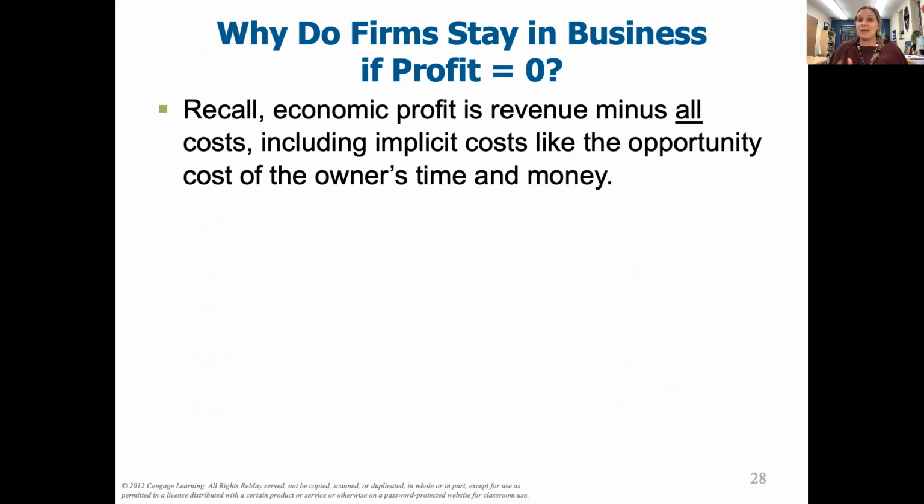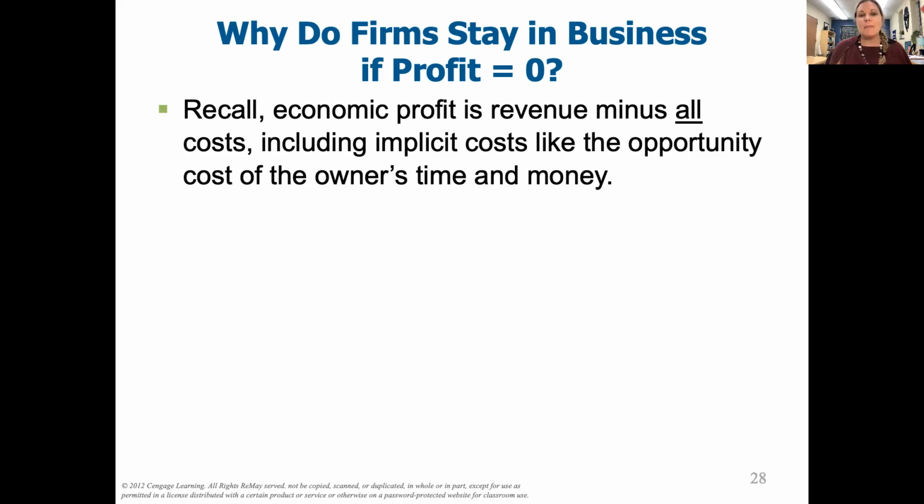We have to remember here what we talked about in the cost chapter. Economic profit and accounting profit are not the same thing, right? Accounting profit accounts for only explicit costs, things that are recorded in a bank statement and you can actually track. Whereas economic profit also takes into account implicit costs, the opportunity cost, what your next best option is.